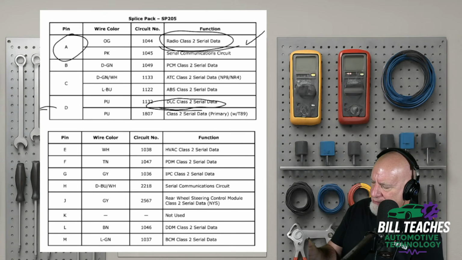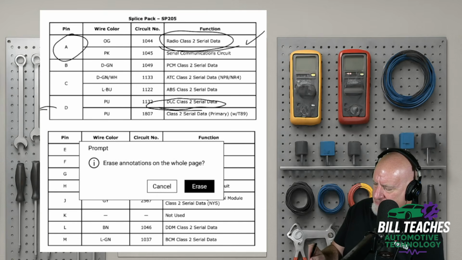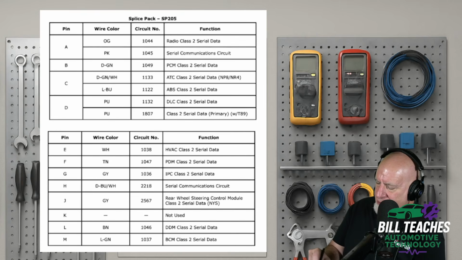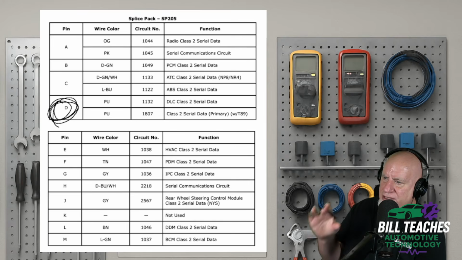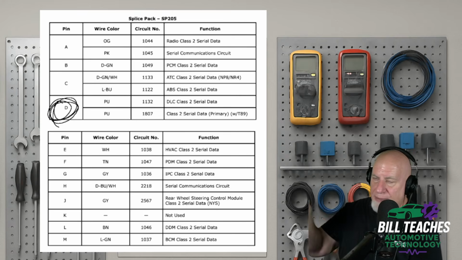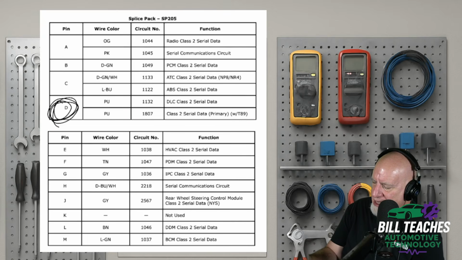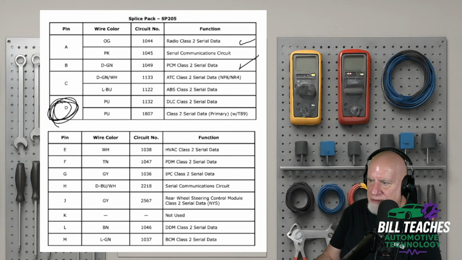Let me go ahead and clear these out. I always keep D circled because I'm going to keep my jumper wire in D all the time, because that's going to my data link connector. So I'm going to jump D to A, that's okay. Delta to Bravo, and then I check my powertrain control module.